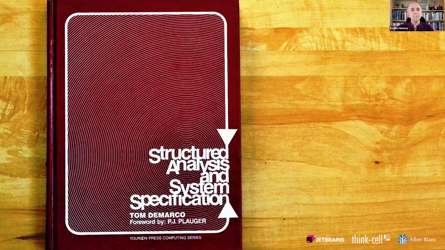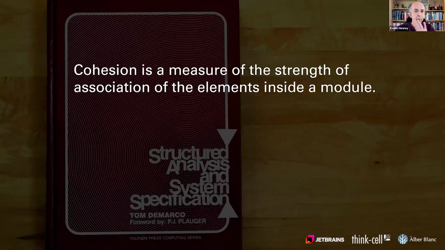What we really want is meaningful principles. SRP is not a meaningful one. Rather than basing something badly on something, what does the original say? There is, by the way, not only one original. There's a bunch of stuff in the 70s that can all claim to be in this space. Cohesion is a measure of the strength of association of the elements inside a module.